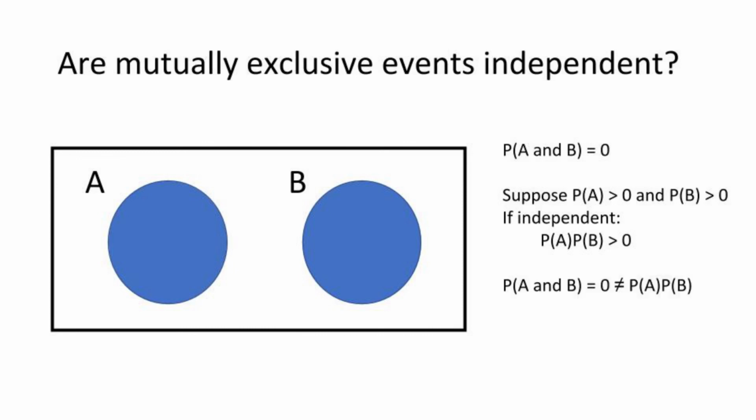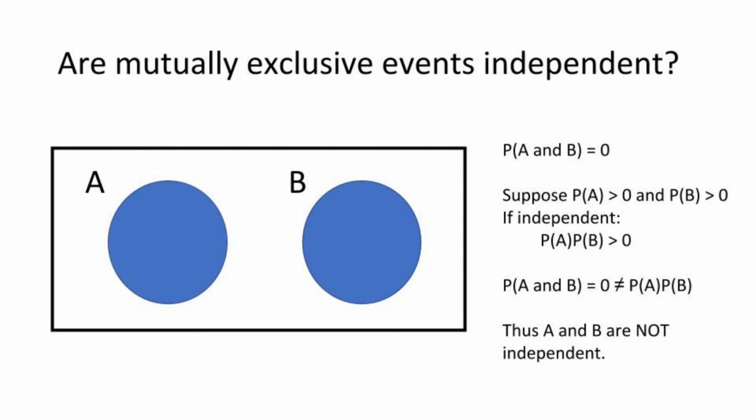And if they were independent, we can write out the chance of A and B as the chance of A times the chance of B, which should be greater than 0 if independently they're greater than 0. Thus contradicting the first statement of being mutually exclusive, thus A and B are not independent.